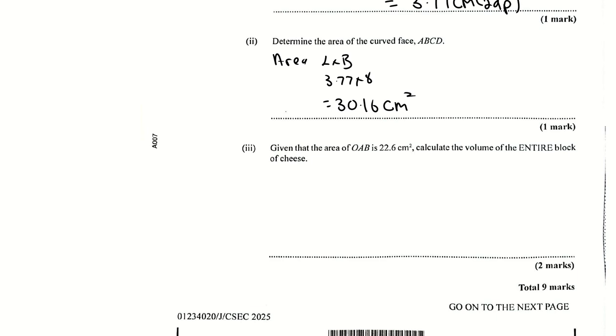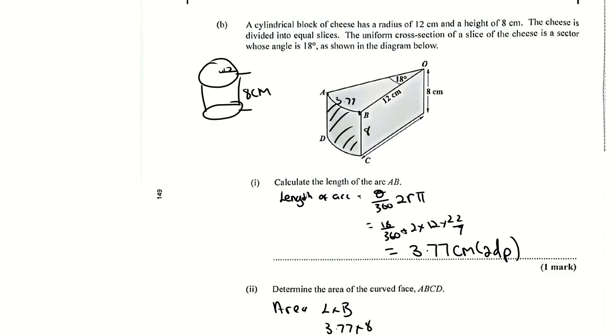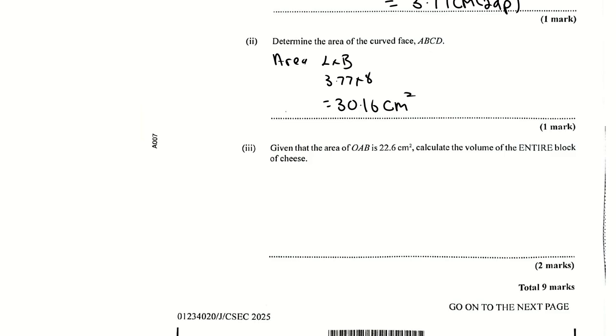Given that the area of OAB is 22.6, calculate the volume of the entire block of cheese. So they're telling you that this here, AOB, that's this on top here, is 22.6. So first off, this is too much, so you have to pay attention that it is the area of 18 degrees.